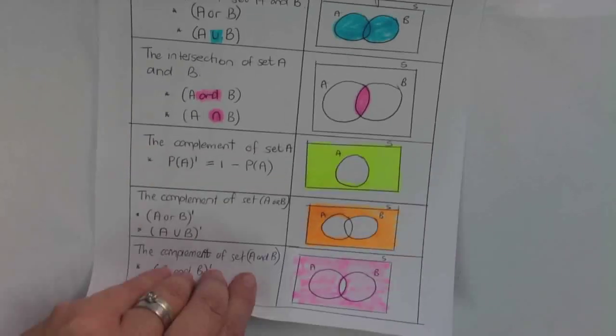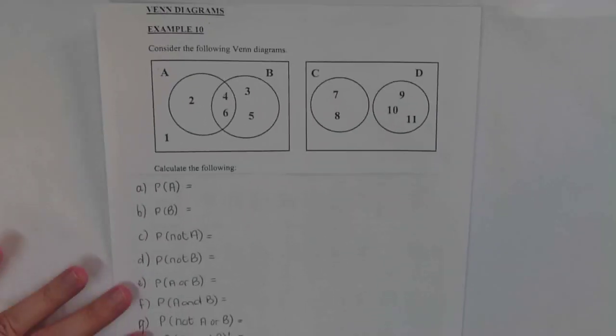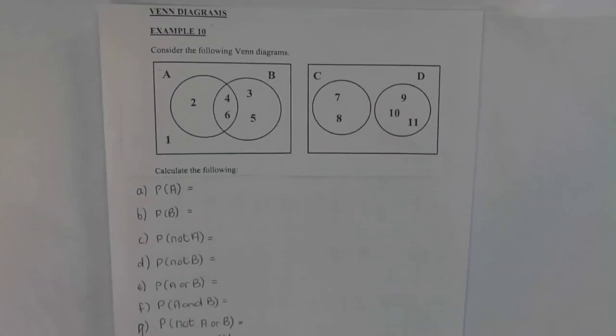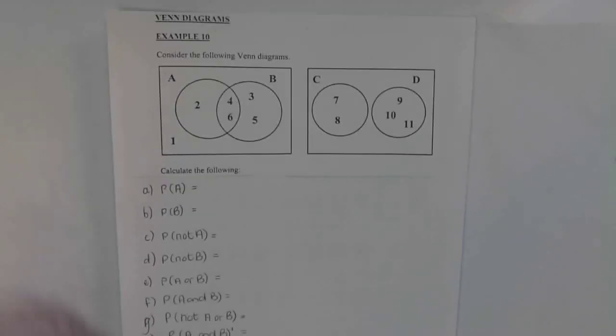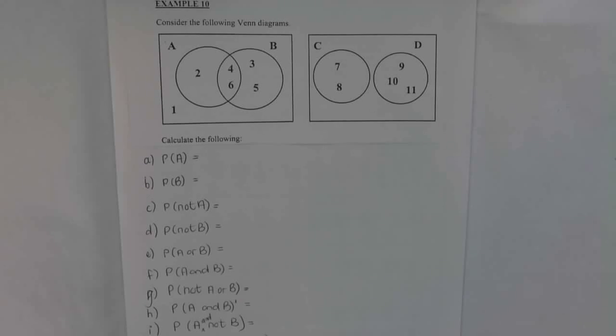Great. Quick recap of that. So, if we look at this, I just want to try and get everything. So, example 10. If we look at these two Venn diagrams, I've got event A and B in one, and there is an intersection between them.